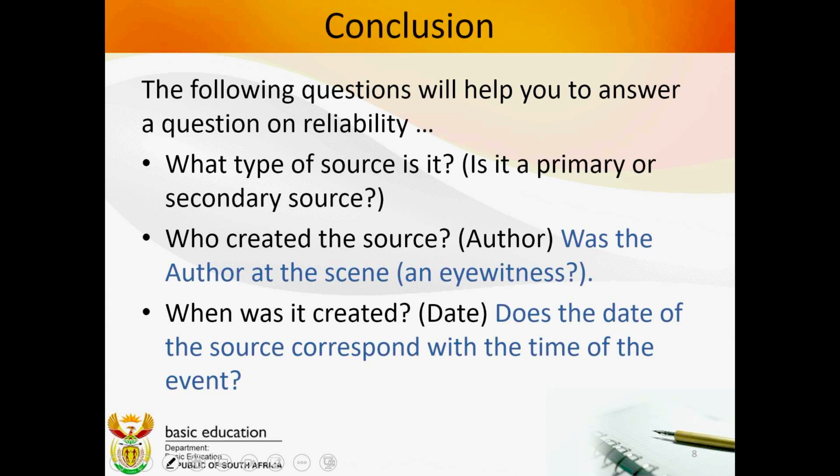In conclusion, the following questions will help you to answer a question on reliability. What source is it? Is it a primary or a secondary source? Remember, learners, we said if a source is a primary source, that source is likely to be reliable. But you must read and understand it. Who created the source? Was the author at the scene?